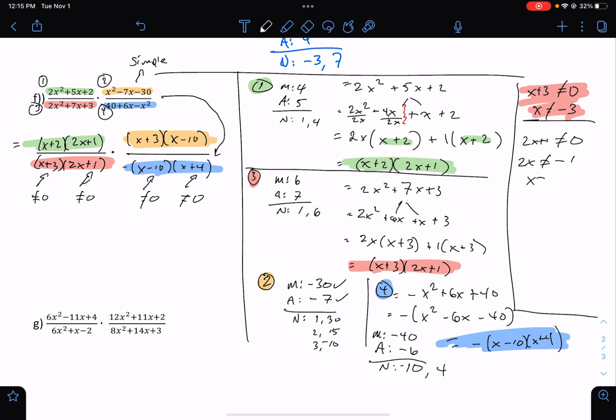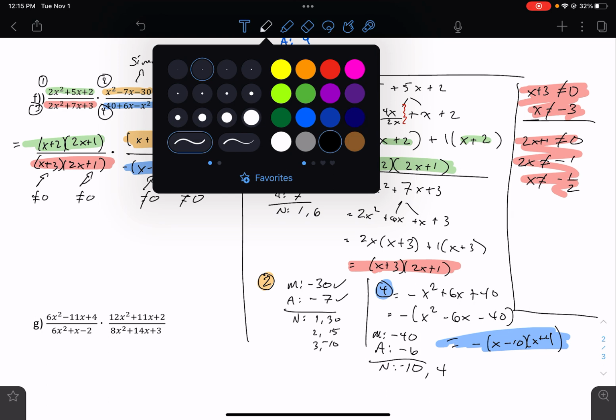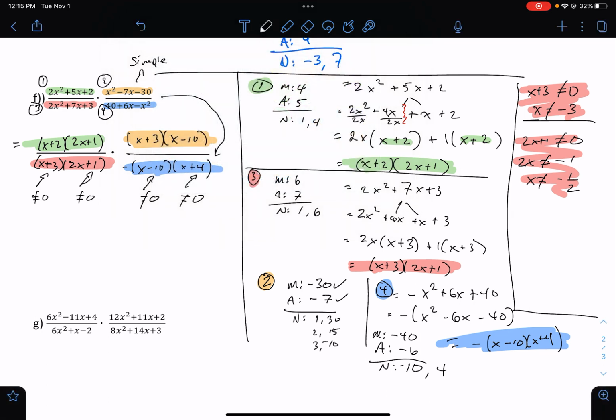X can't equal negative 1/2. That's also from the red piece. Okay, and then the only other piece we have in the denominator is the blue piece, right? So you go over and you say, okay, x minus 10 can't equal 0. So x can't equal 10. And then you also say x plus 4 can't equal 0.